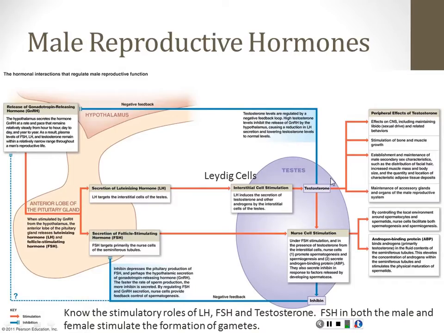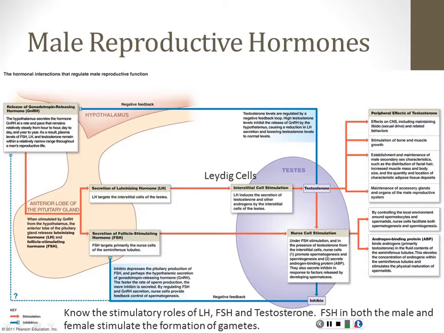That's testosterone that does that, as well as maintaining the different parts of the male reproductive tract. So in addition to the infertility that comes about from no spermatozoa formation, without testosterone, like in a patient who's had testes removed for some reason, the accessory glands and organs start to atrophy and not function.